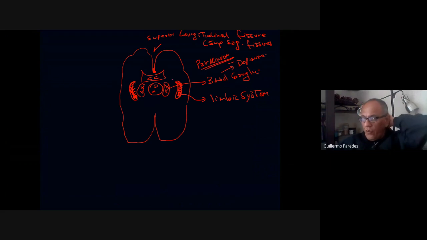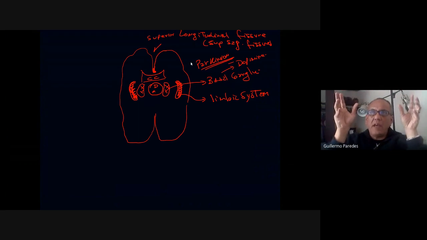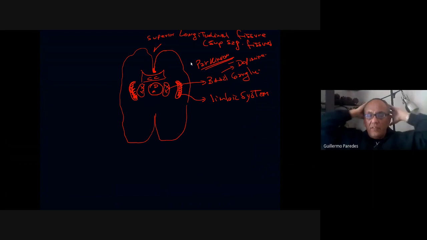So what I want you to remember for this class is that in the coronal view, in the center we have the diencephalon. Side by side, we have the basal ganglia, and more lateral is going to be the limbic system. You okay with that?